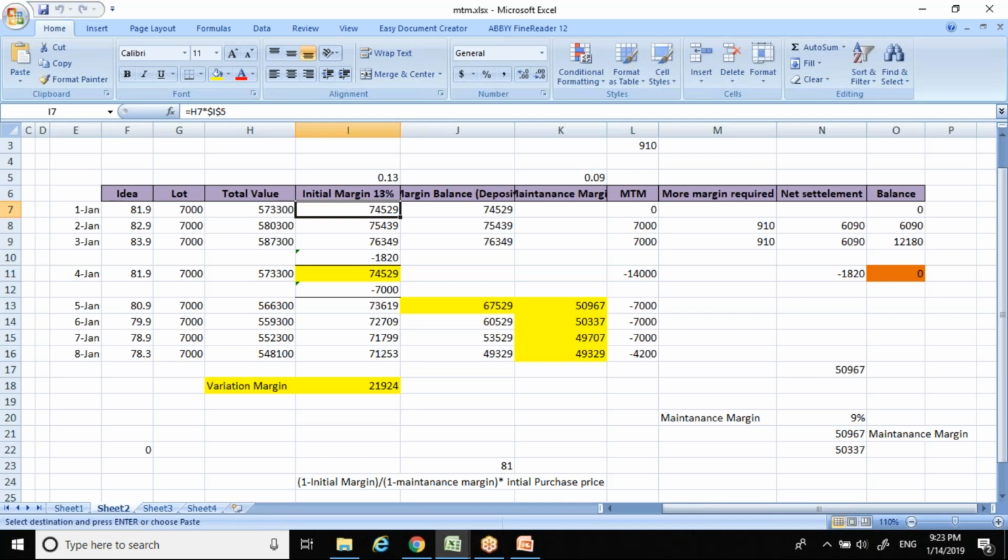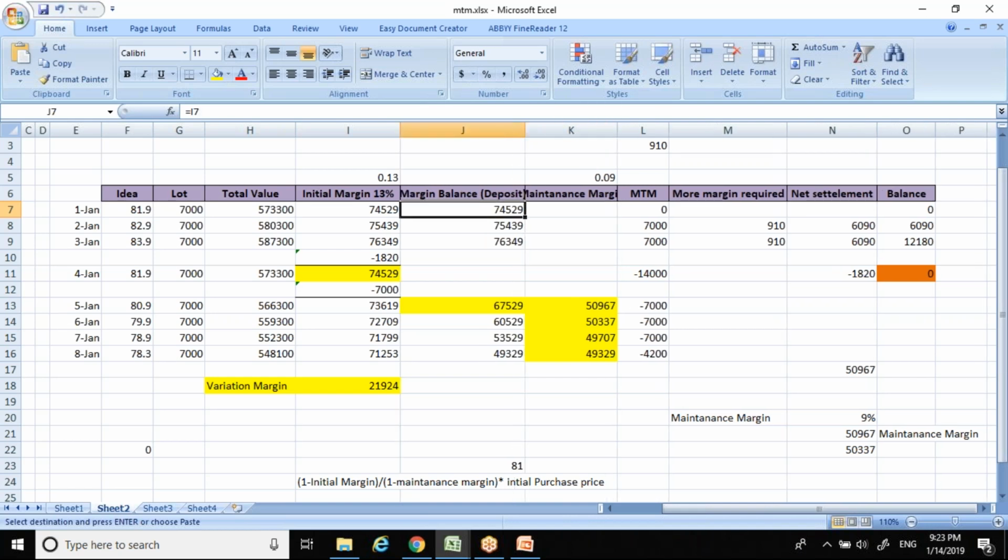The initial margin requirement is around 13% of the total value, which comes to 74,529. So you need to deposit around 74,529 in order to buy one contract. Let's suppose you have only this much, you purchased one contract, and your account balance is nil, it is zero.